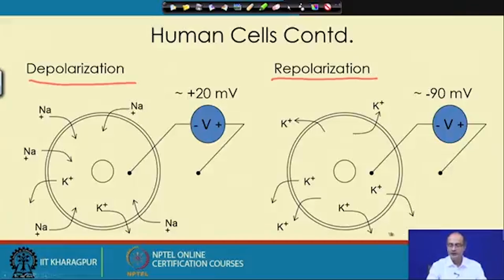So, they are taking some sodium ions and throwing out the potassium ions, interchanging them. That is called the sodium potassium pump, an active process. So, let us go next.